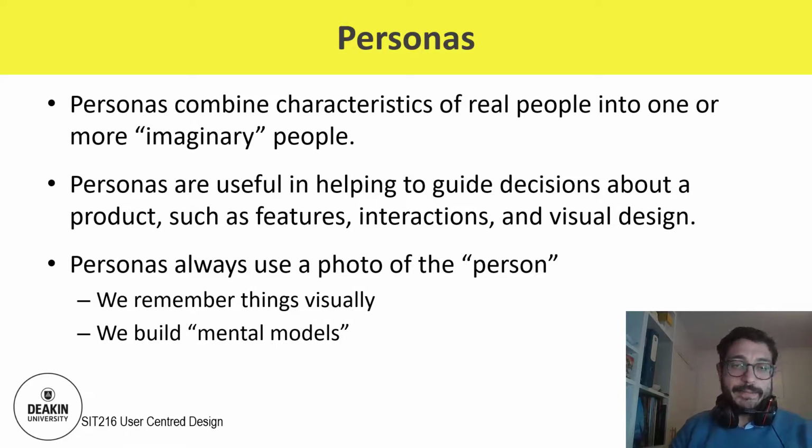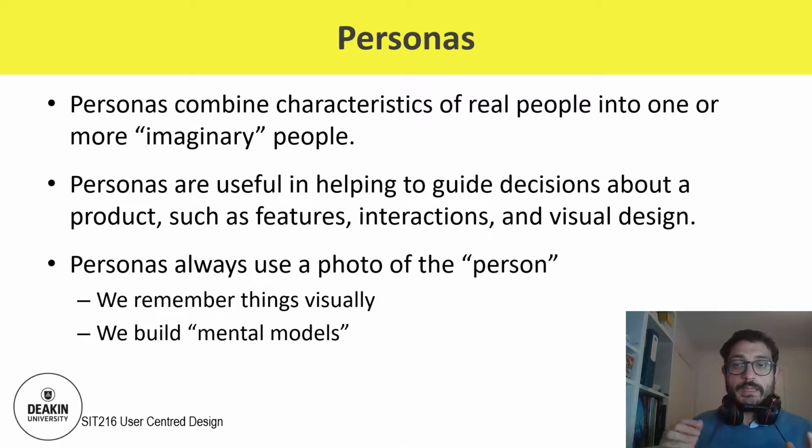Personas combine characteristics of real people into one or more imaginary people. Personas are useful in helping to guide decisions about a product, such as features, interactions, and visual design. Personas always use a photo of the person because we remember things visually and we can build mental models.